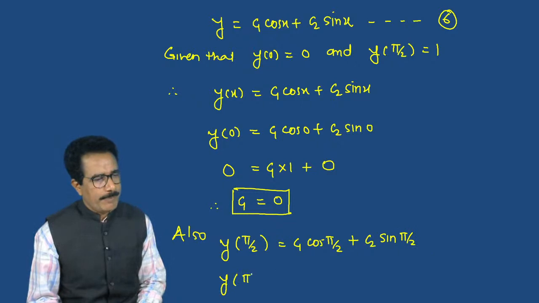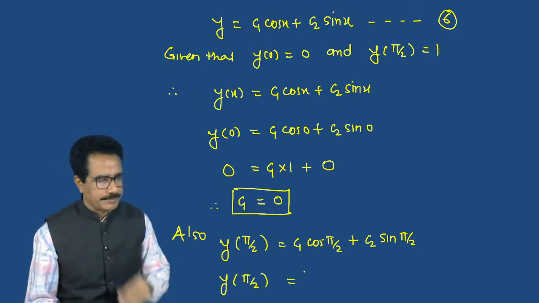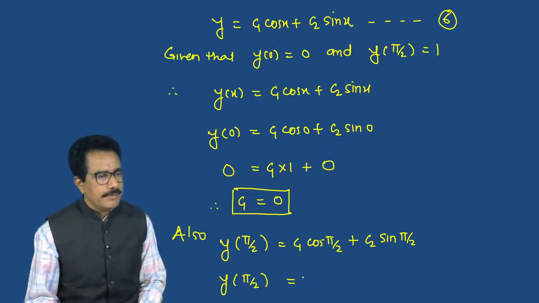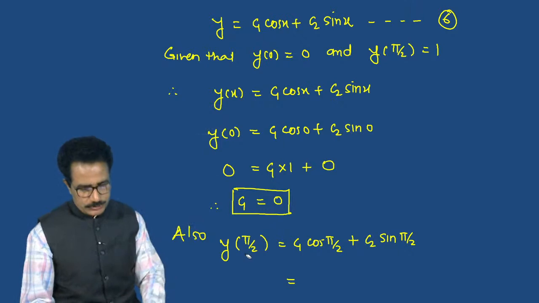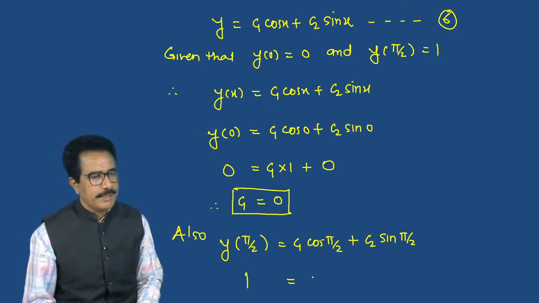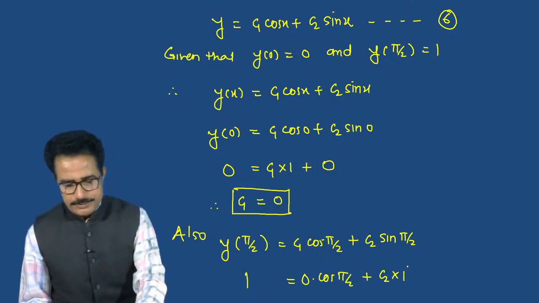The value of y of pi by 2 is given. What is that value? y of pi by 2 is equal to 1. So replace this 1: c1 means 0 into cos pi by 2 plus c2 into 1. So c2 is equal to 1.